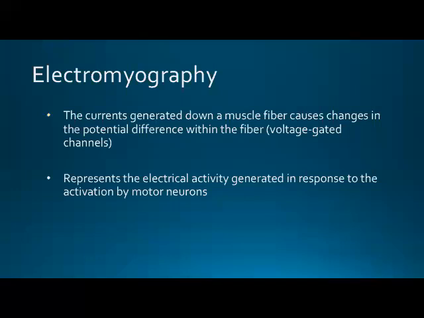So voltage-gated just means there's some kind of electrical potential change occurring. Voltage-gated potentials, as we'll discuss in our next section, only occur down the axon. Right? So down the axon of that nerve fiber, that's where you're going to see these voltage-gated channels.